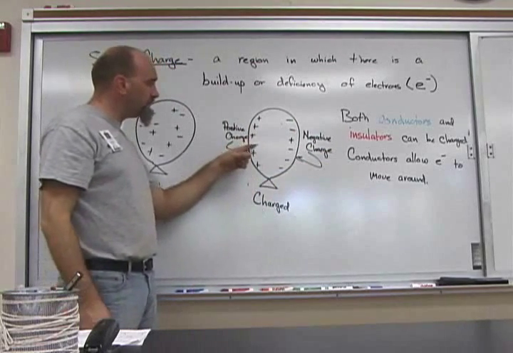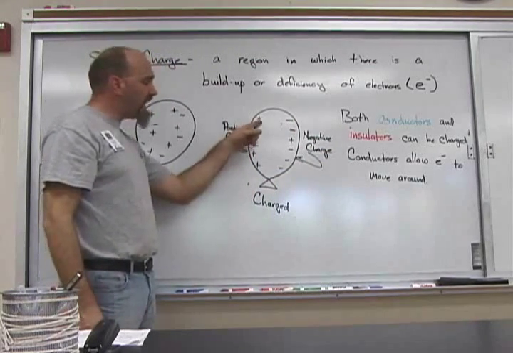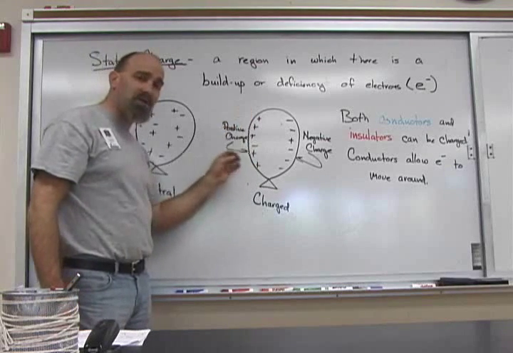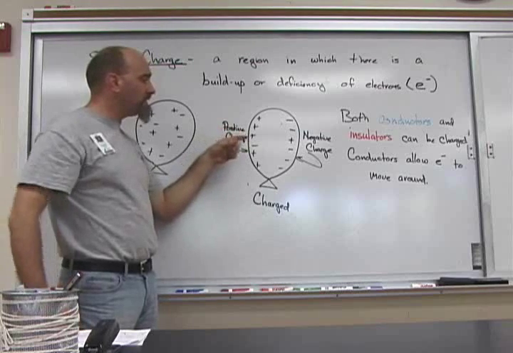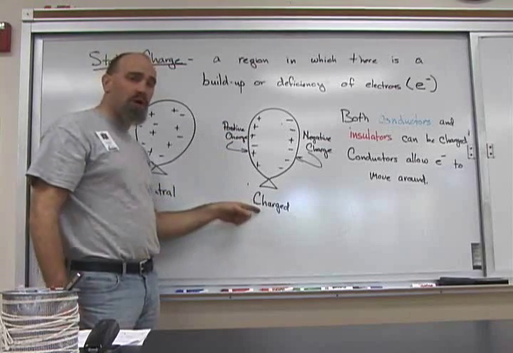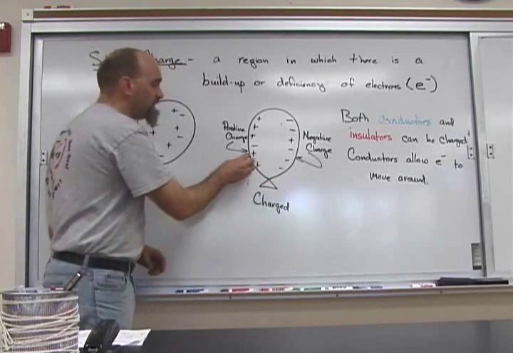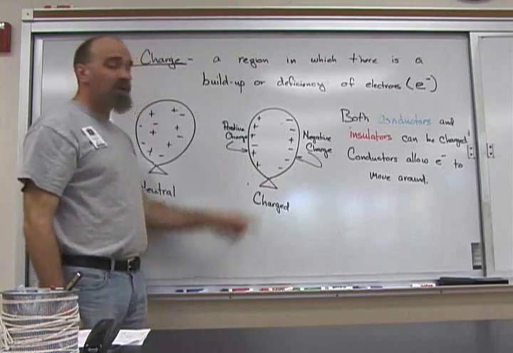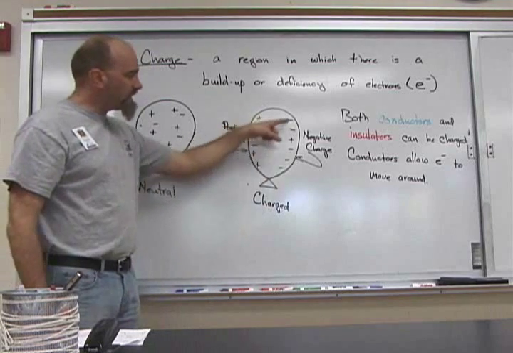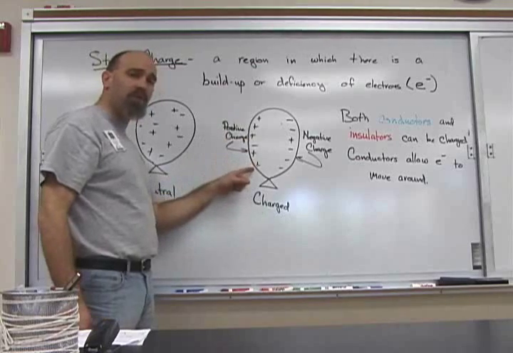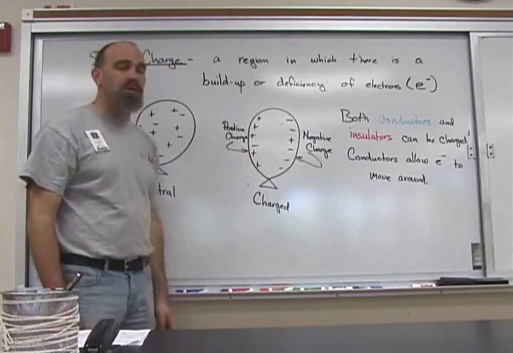And on the other side of the balloon, there happen to be positive charges. Not to say that there are no negatives, but the positives way outweigh the negatives. And we call this charged. It has a region of a lot of electrons, and a region deficient of electrons. We call those regions with high electrons a negative charge, and those regions with very few electrons, a positive charge.